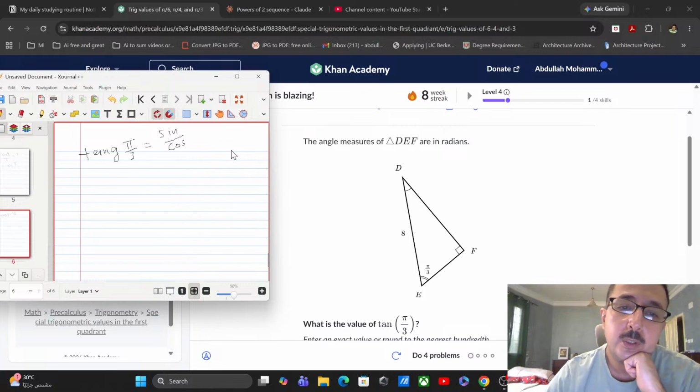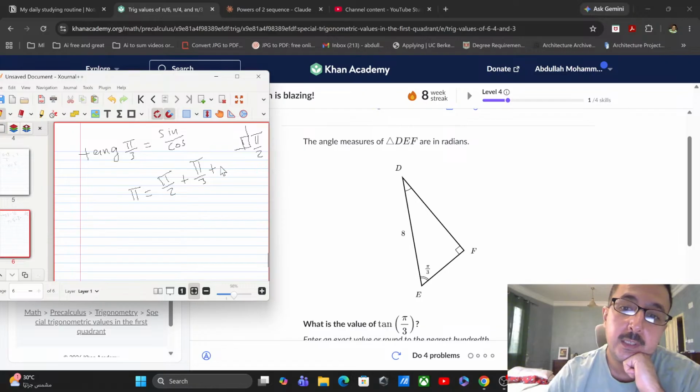Well, first we got the angle. This angle is pi over 2 because all 180 equals pi, so I got pi over 2 plus pi over 3 plus, what do I have?